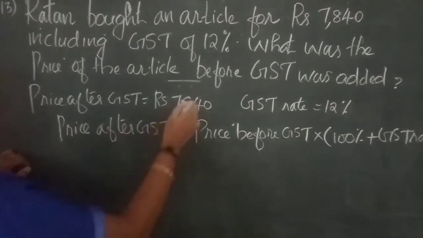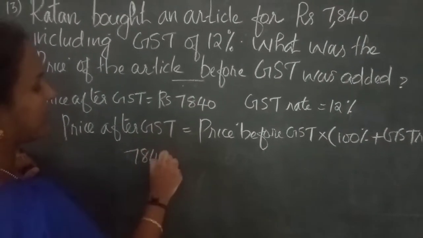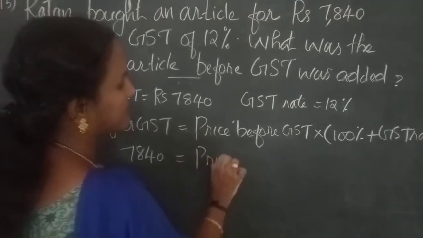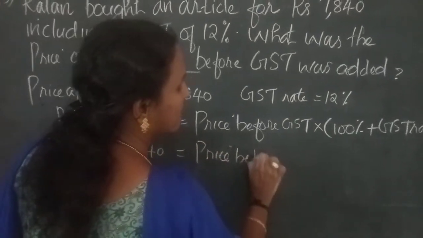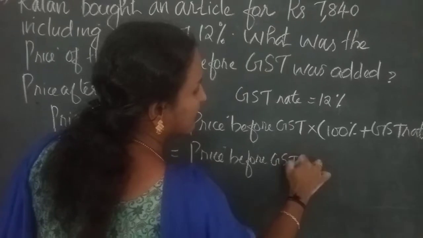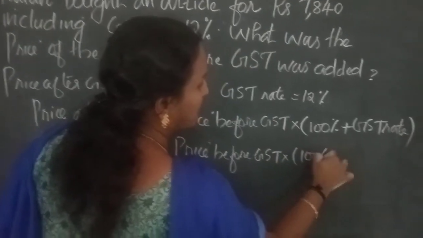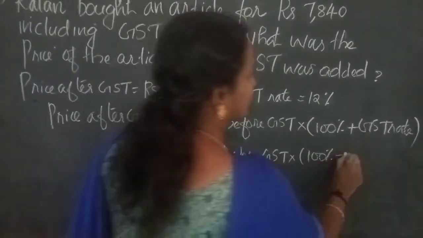Price after GST, 7,840, is equal to, you have to find price before GST, so price before GST into 100% plus 12%.